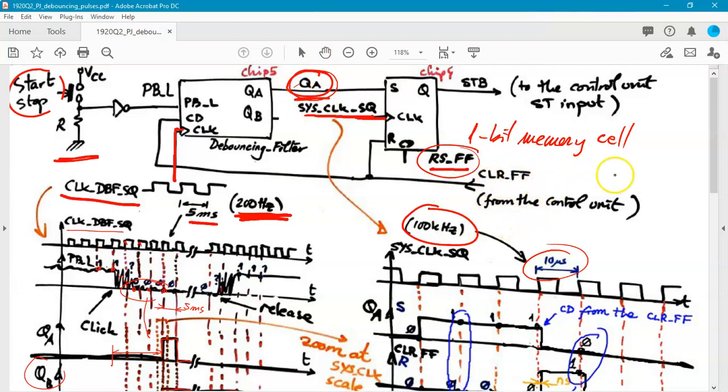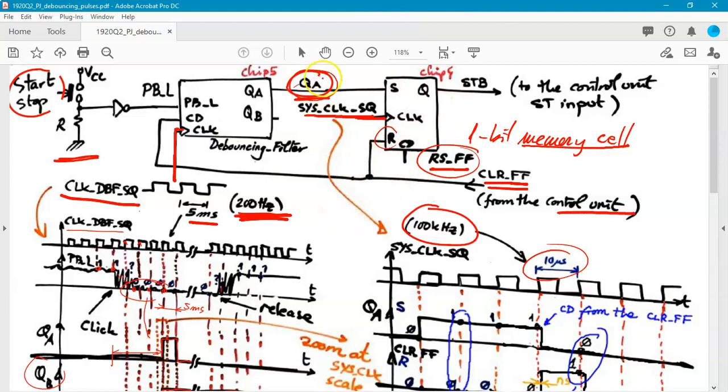Because you see, the control unit, when the pulse is going to be used, after using the pulse to start the process or to stop it, the machine will clear the memory cell by means of a signal to control the reset input of the flip-flop.